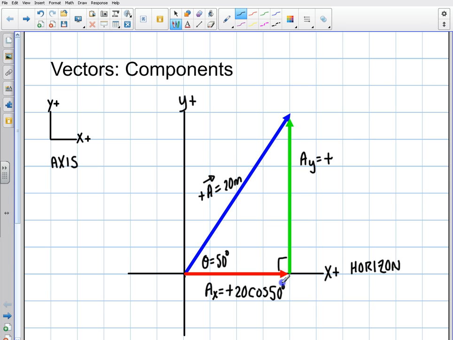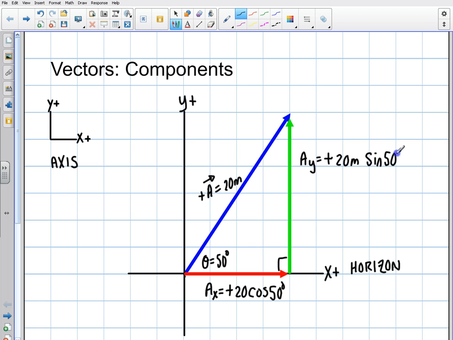Okay, so that's always going to be true. If you drop it, the x is going to be the cosine. So you don't have to go through the whole SOHCAHTOA every time because we know that the x is going to be the cosine. The y is going to be the sine. So the y component is going to be 20 meters sine 50.